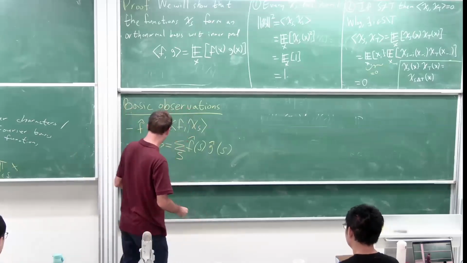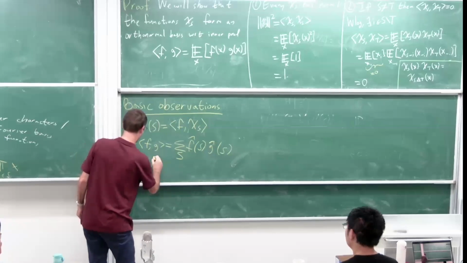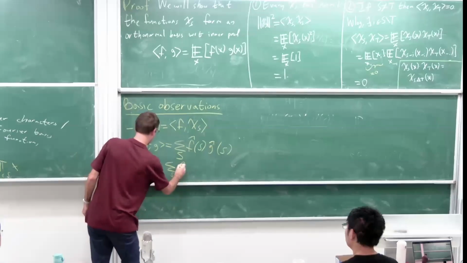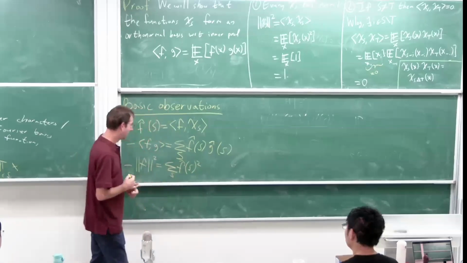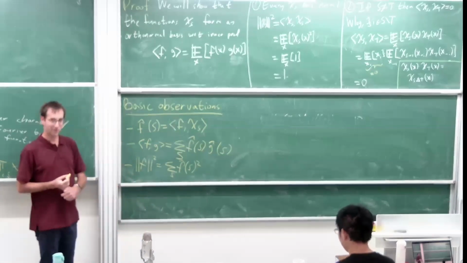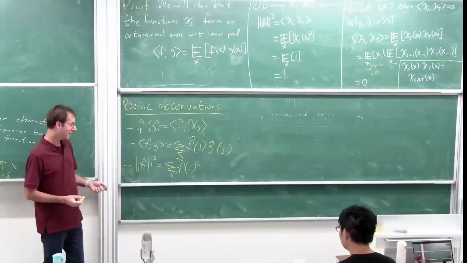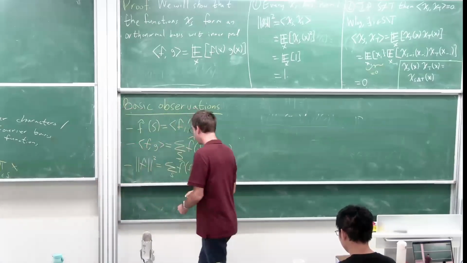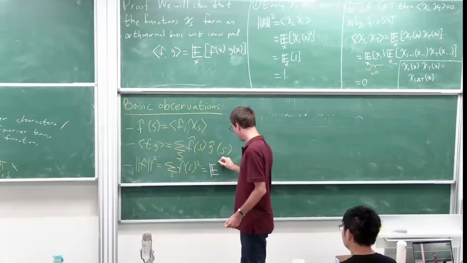Okay, so this is Parseval's identity, and a special case is this thing, which is a very useful property. If you take the sum of the squares of the Fourier coefficients, then you get the norm of f squared, which is also just the expectation of f squared.